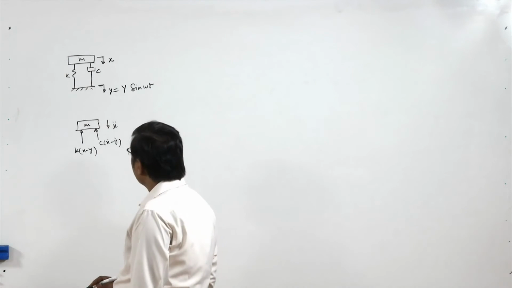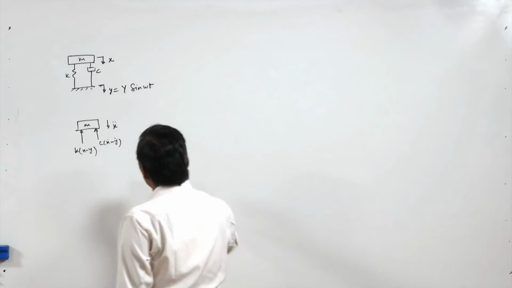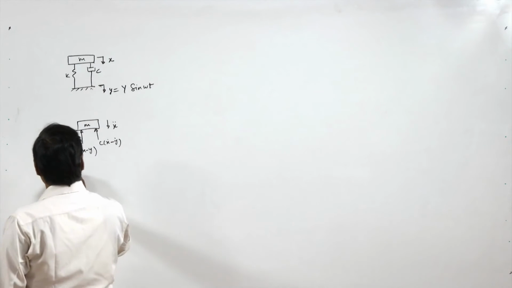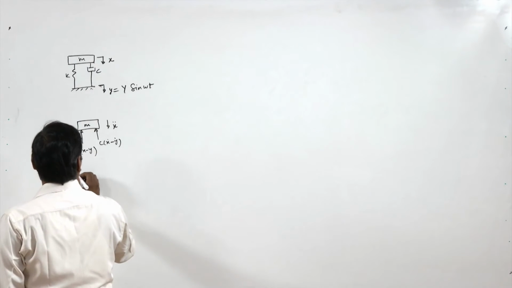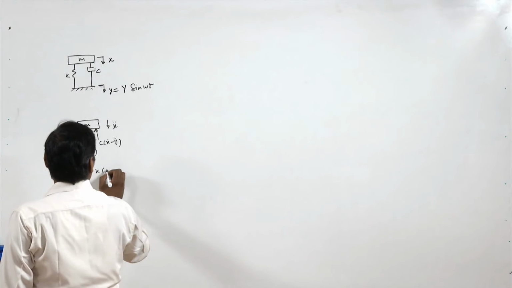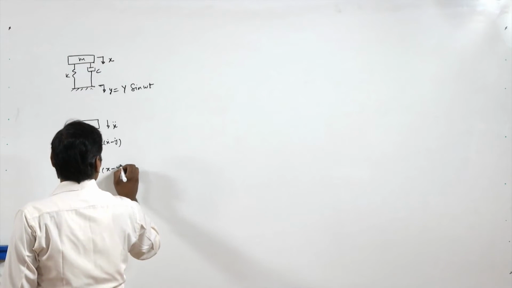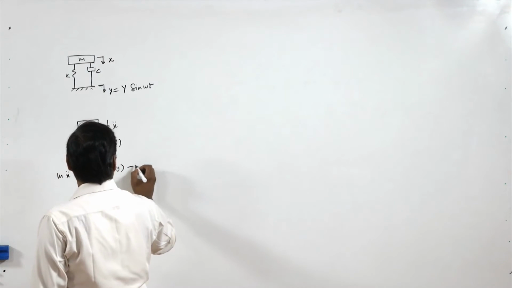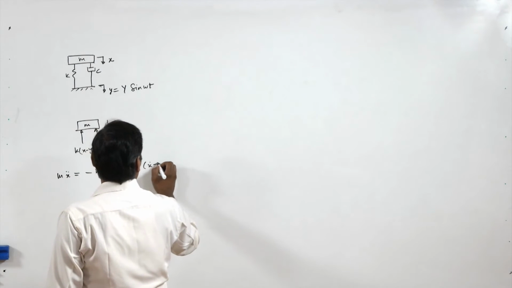So we can write the equation of motion. Here m x double dot equal to minus k (x minus y) minus c (x dot minus y dot).